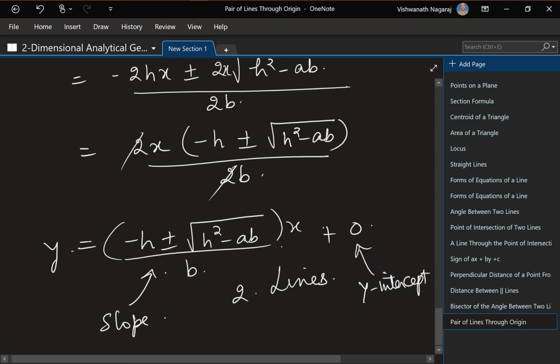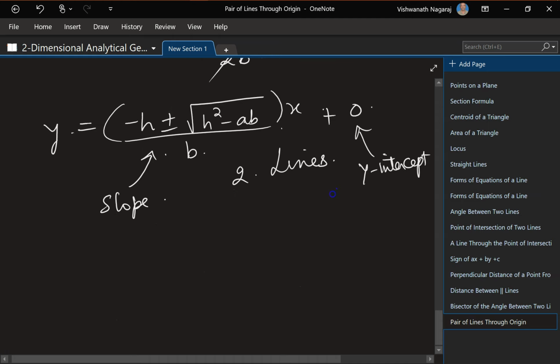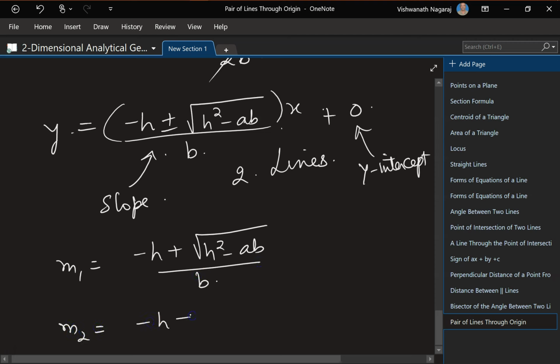Since it is 0, it means it is passing through the origin. So m1 would be (minus h plus square root of h square minus ab) by b, and m2 is equal to (minus h minus square root of h square minus ab) by b.